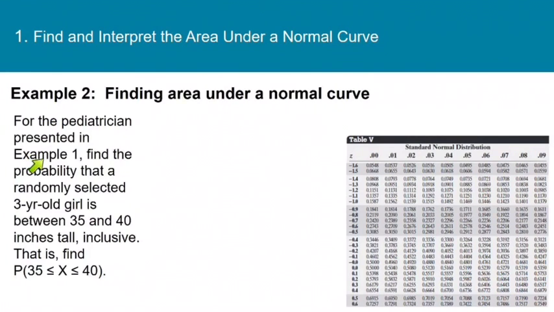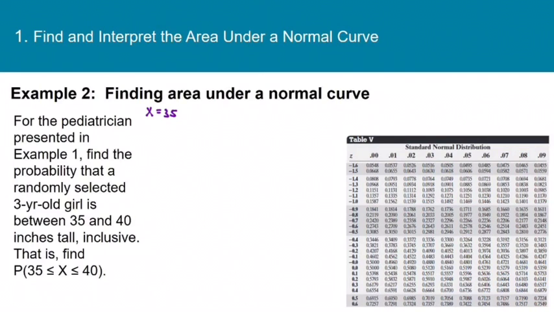Here's a similar example, and this is example 2. It says for the pediatrician presented in example 1, find the probability that a randomly selected 3-year-old girl is between 35 and 40 inches tall. That is, find the probability that x is between 35 and 40. Well, the way to do this is to transform both of these into z-scores.